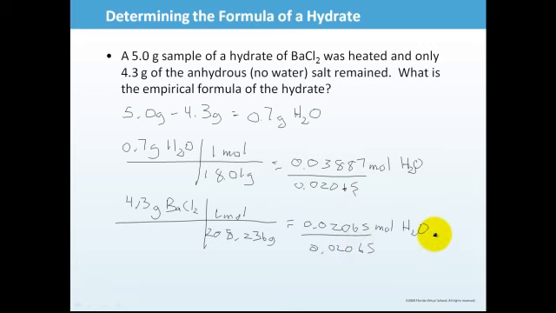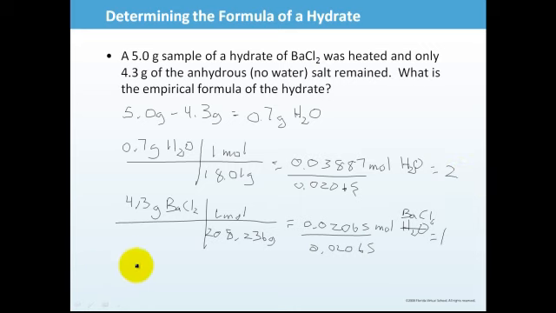Okay, on the bottom, it gives us 1. My apologies, this should be BaCl2 right here. And then on the top, we get 1.9, which would just round off to 2, all right, because we want whole numbers.